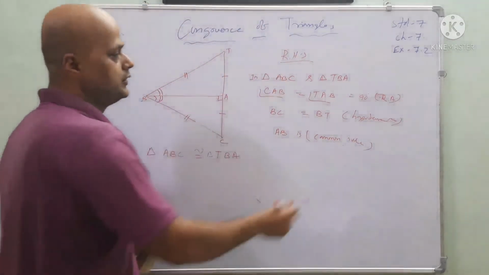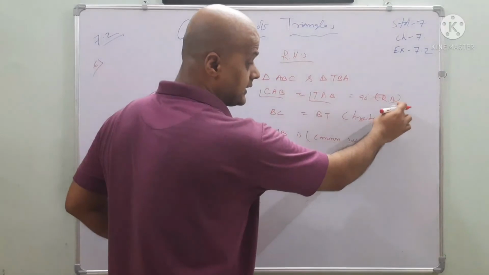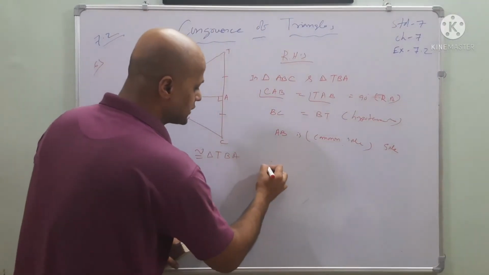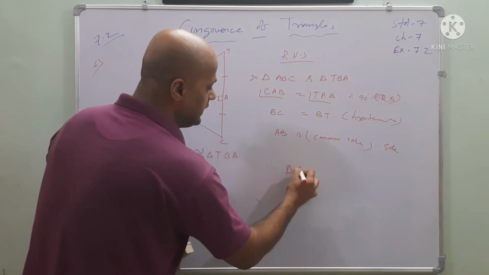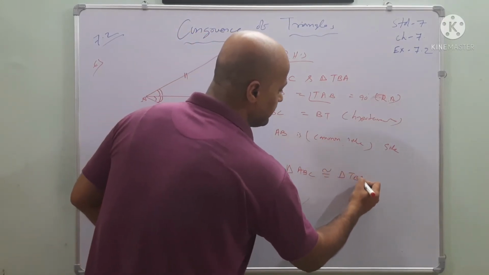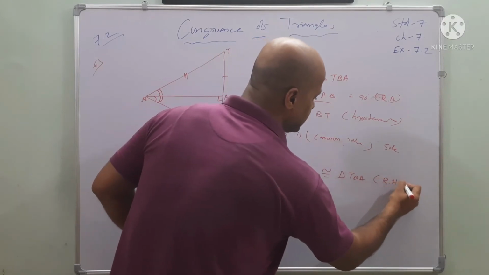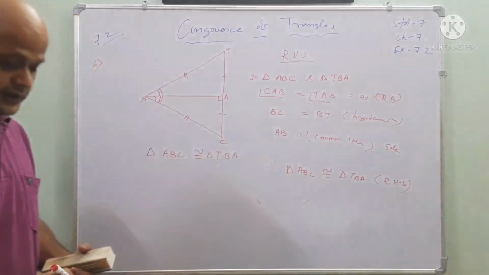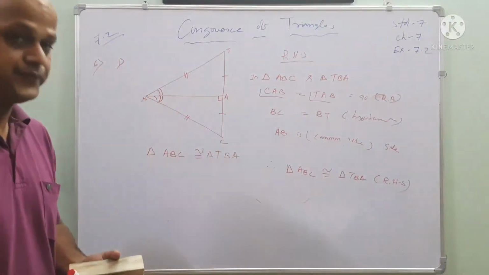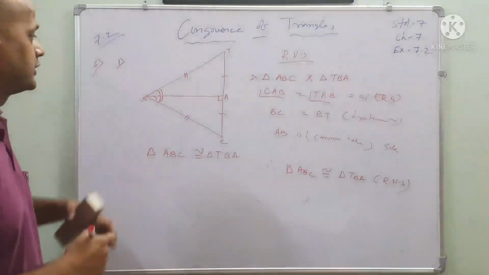Okay, now this is right angle, this is hypotenuse, this is side. Now my triangle is congruent, so you have to write triangle ABC is congruent with triangle TBA by RHS criterion. Understood? Very good, my dear friends. This is 1 number point, 6th first bit.